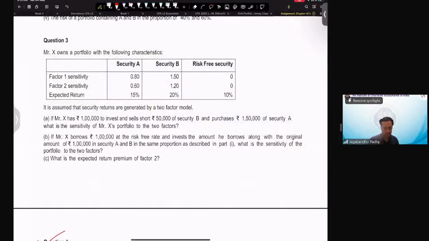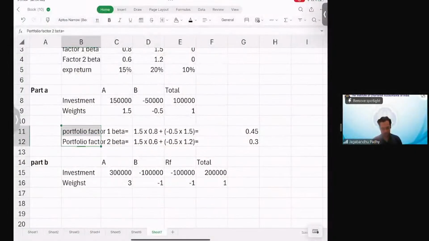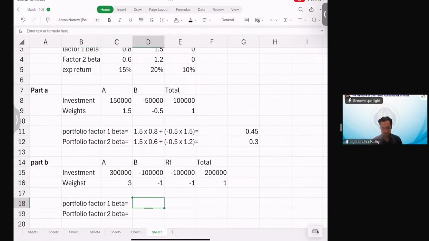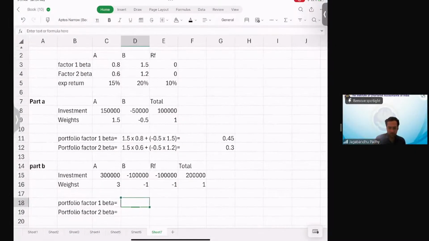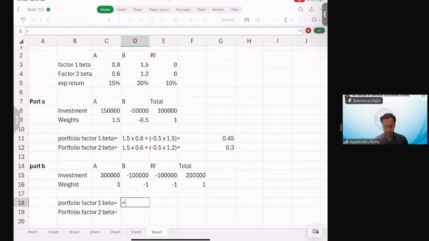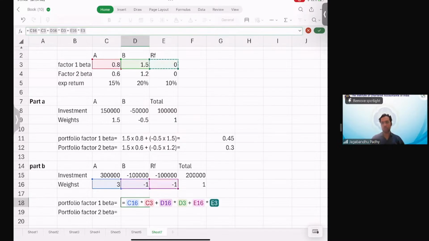Again, we want the sensitivity of the portfolio to two factors on similar lines. Can you give me the beta of factor 1 for the portfolio? That will be simply 3 multiplied by beta of A plus minus 1, rather weightage, multiplied by beta of B, plus this minus 1 into the risk-free, which doesn't have any factor beta, so that's 0.